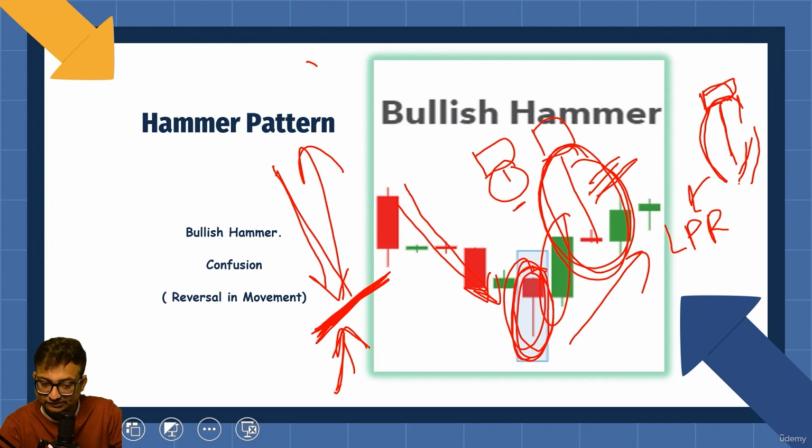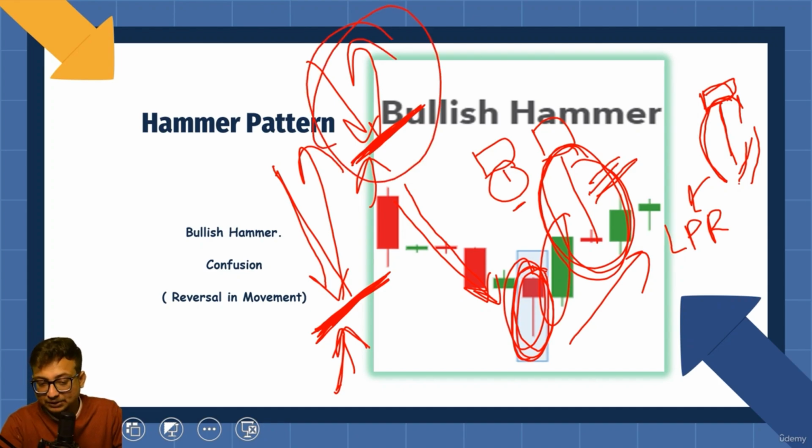Hence the market went upward. This is the meaning of LPR, lower price rejection.